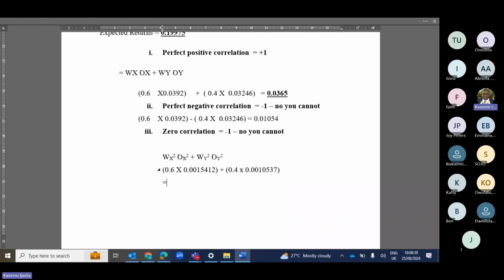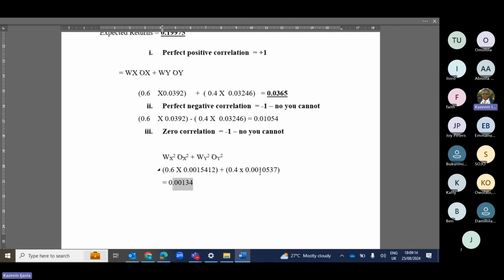What is our answer? So we'll do the square root of our answer. 0.6 times 0.0015412 plus what? I got 0.00134.